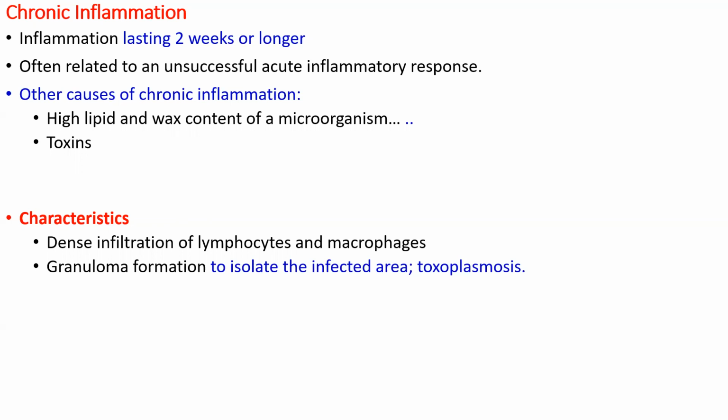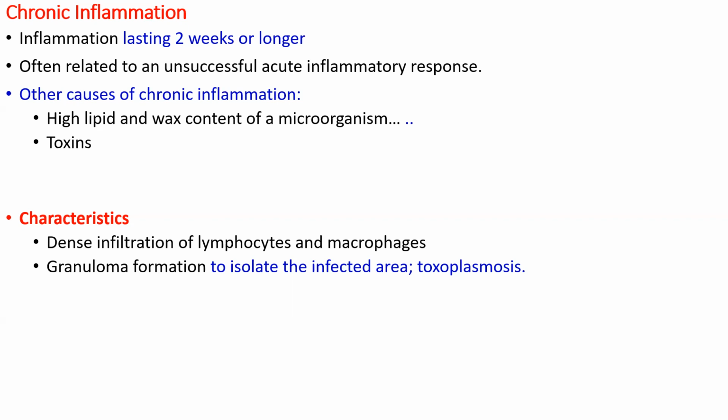Other causes of chronic inflammation would be in patients with tuberculosis, pulmonary TB, in which there is a high lipid and wax content of the microorganism, and its ability to survive inside the macrophages.